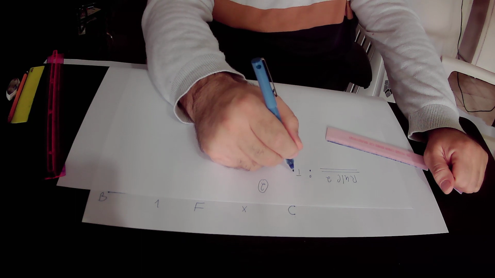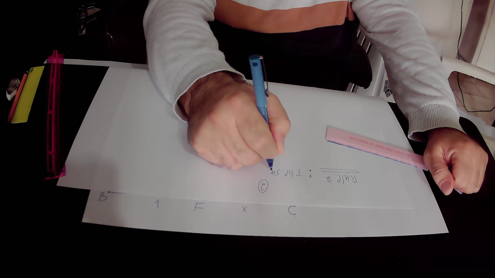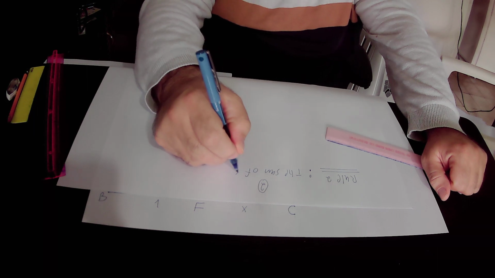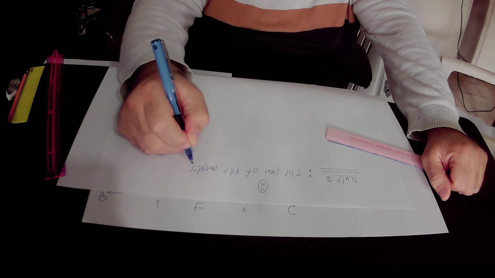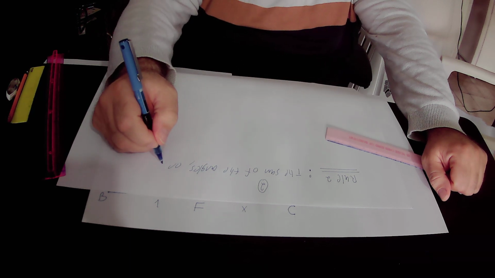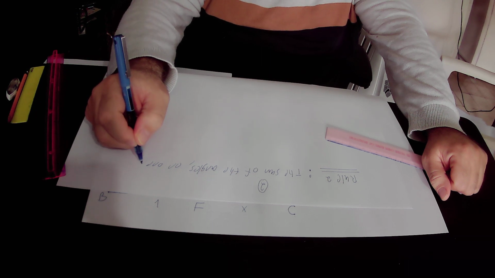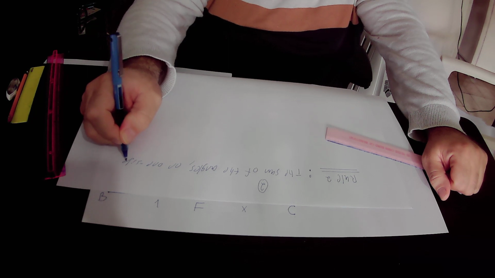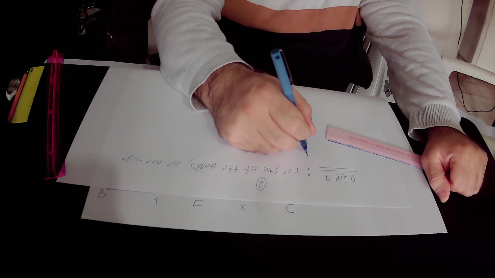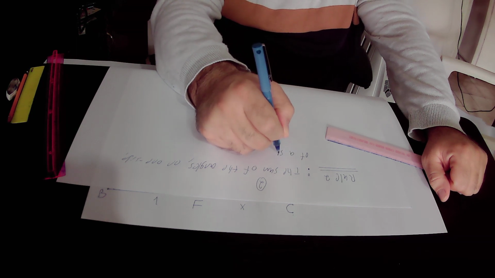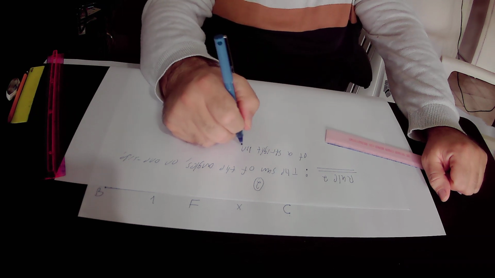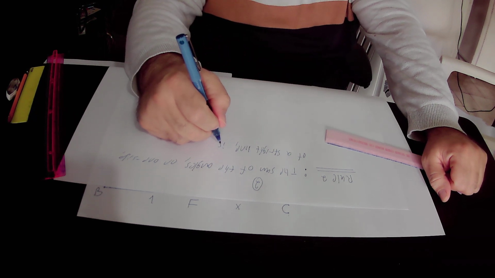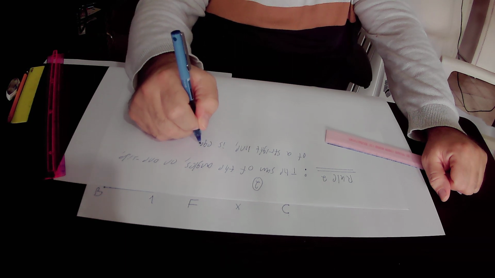The sum of the angles on one side of a straight line is equal to 180 degrees.